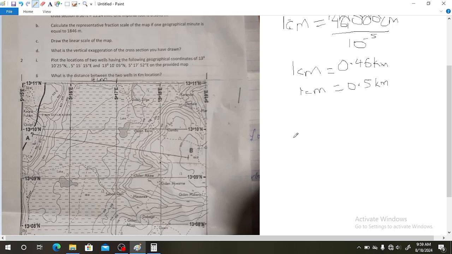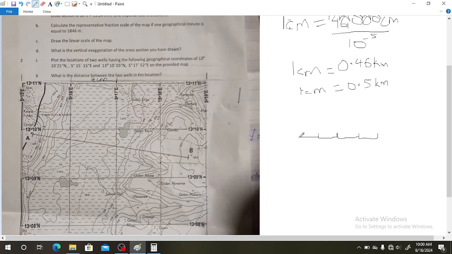But you make sure that at every 1 centimeter, assuming this is my 1 centimeter, and this is another 1 centimeter, and this is another 1 centimeter, and this is another 1 centimeter.